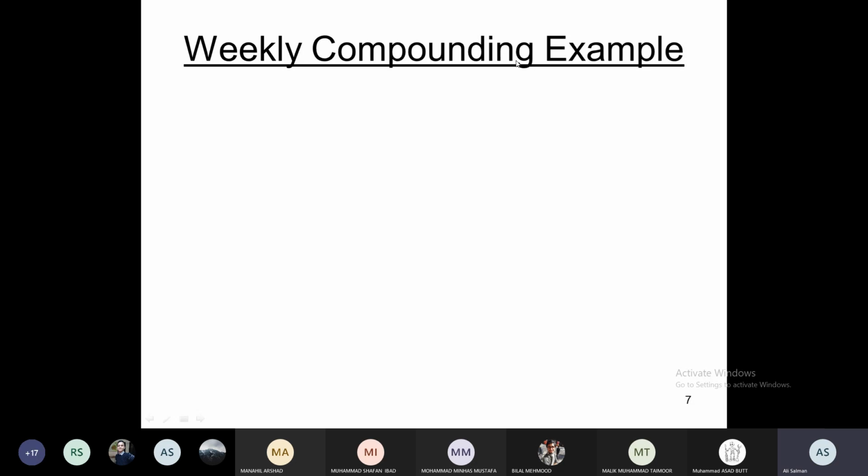Now this is one more example, a weekly compounding example.